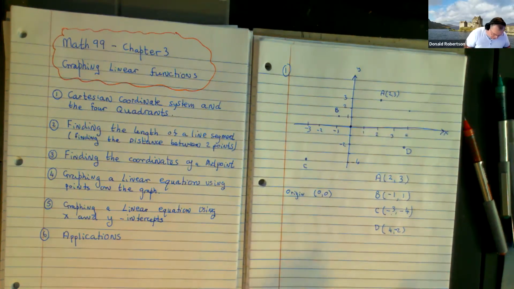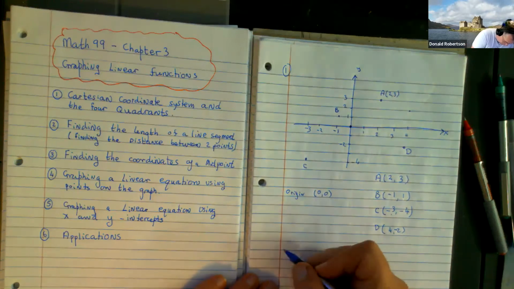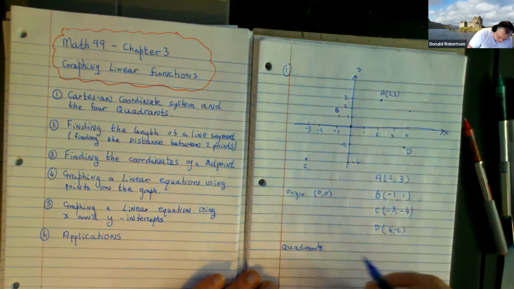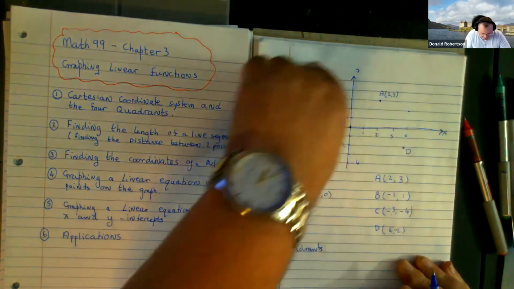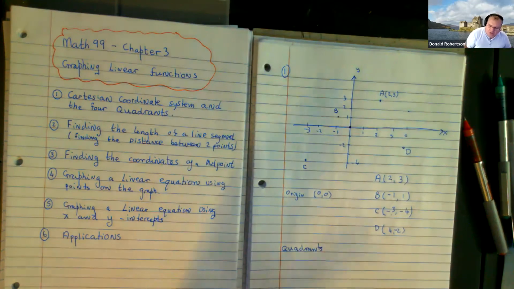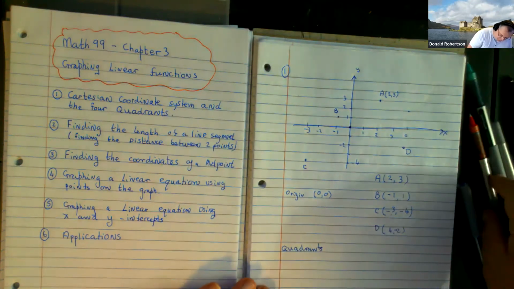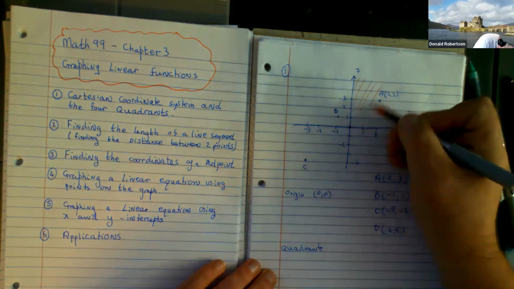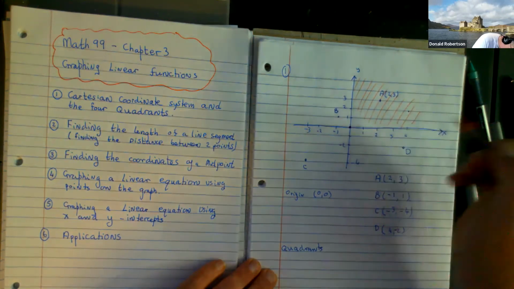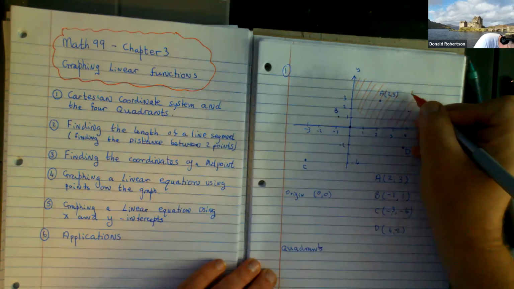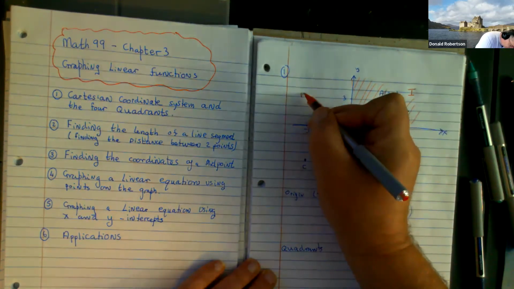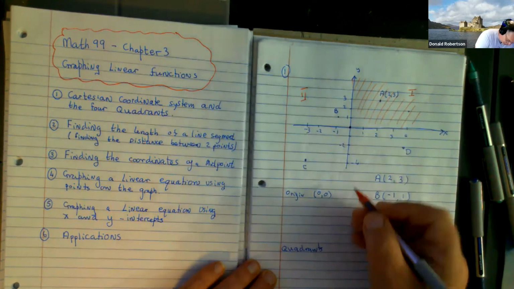Well, where are we going now? The next thing we want to talk about are what are called the 4 quadrants. They're basically splitting this entire infinite 2-dimensional space into 4 distinct groups. Anything in this region here is quadrant 1. Anything over here is considered to be points in quadrant 2.